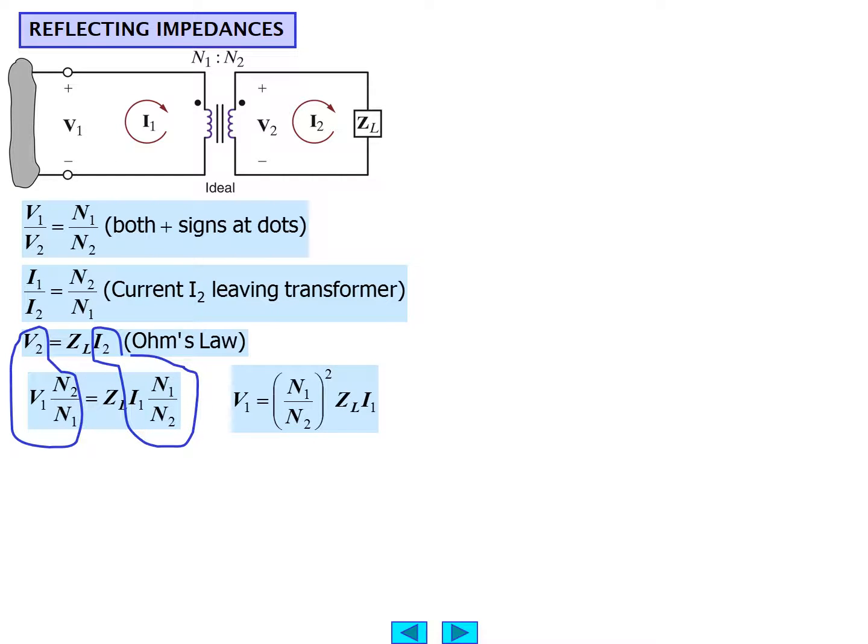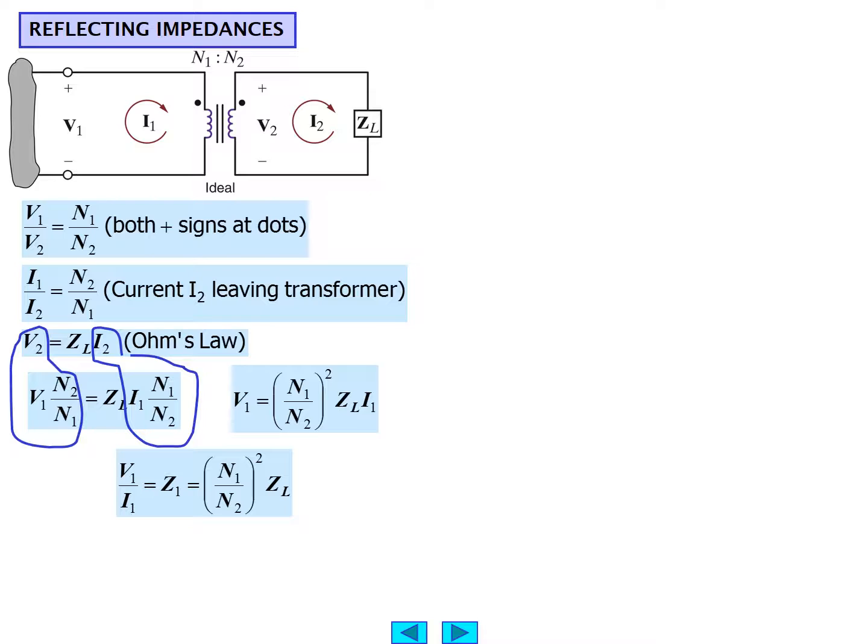Solving and substituting, we get V1 is equal to the magnitude of N1 over N2 quantity squared times Z sub L I1. And this allows us to consider what the impedance would look like to the primary circuit, where the current is I1 and the voltage is V1.